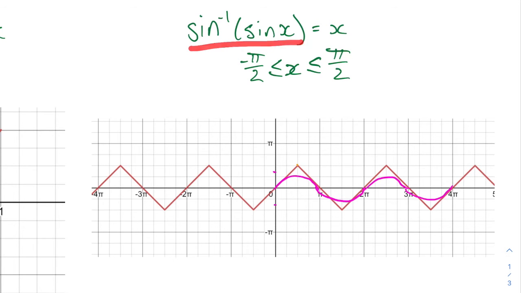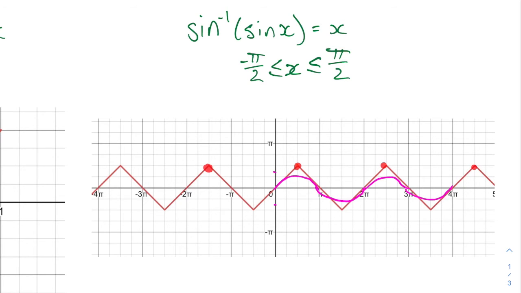Sine inverse of 1 gives you pi/2. Now, that's the same over here. This is 5 pi/2 here. If you put 5 pi/2 into this function, sine of 5 pi/2 is 1. Sine inverse, so this whole thing becomes 1. Sine inverse of 1 gives you pi/2.